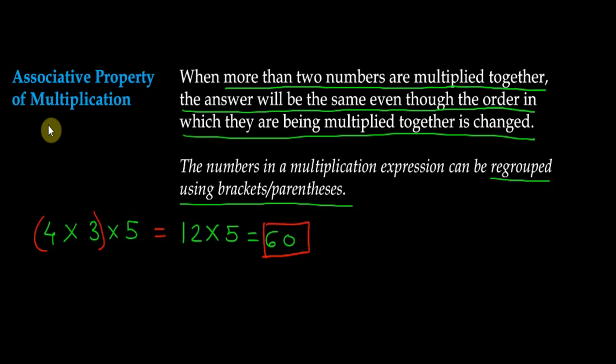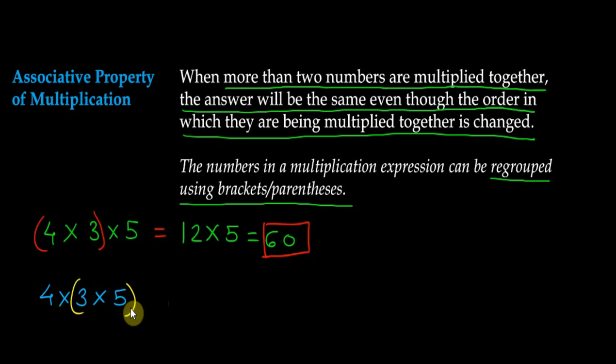So according to this property, even though we change the order in which these numbers are multiplied together, we should get the same answer, 60. So let's check if it is true. Let's take the same three numbers, 4 times 3 times 5, but this time we will group 3 and 5 together inside the bracket. That means we will multiply 3 and 5 first.